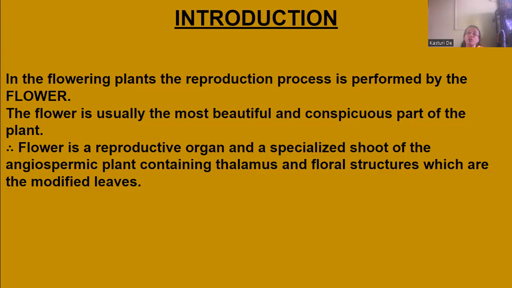These floral structures are nothing but modified leaves. This thalamus is the specialized shoot end, the terminal shoot you can say, which bears the floral structures, that is, the modified leaves. So a flower is nothing but a reproductive organ, a specialized shoot of the angiospermic plants.